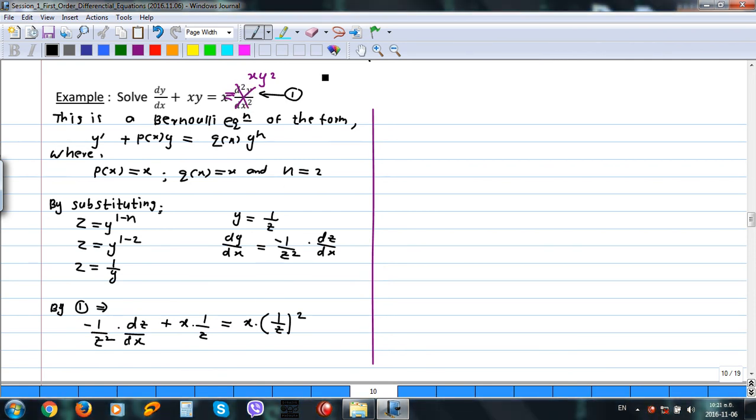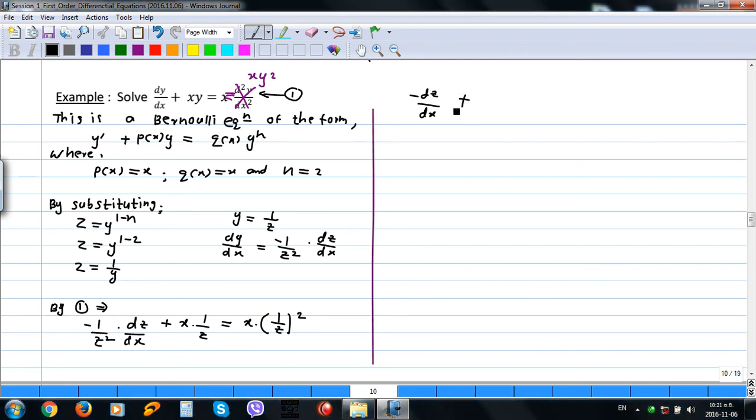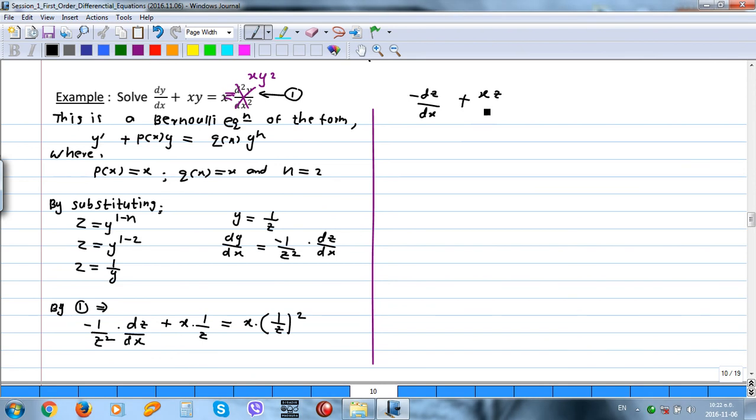Then we can simplify. I am multiplying by z square, then remaining is minus dz over dx, plus, if I multiply by z square, 1 z is remaining here, x z, and z square cancels, only x is here.